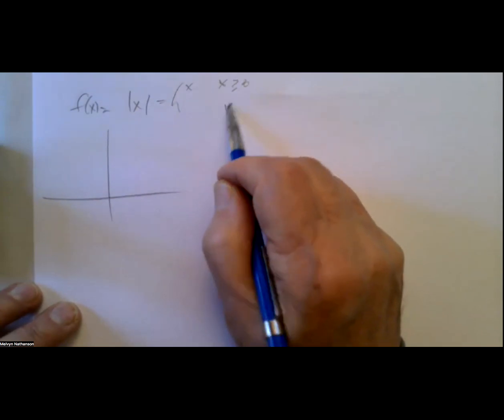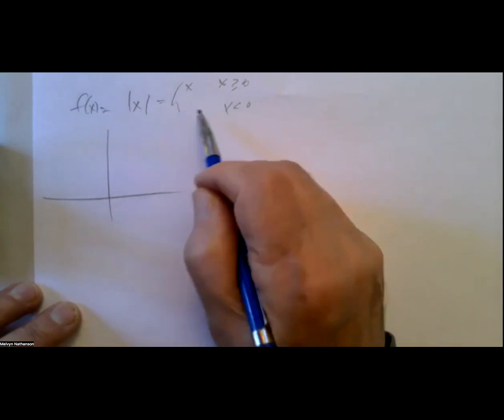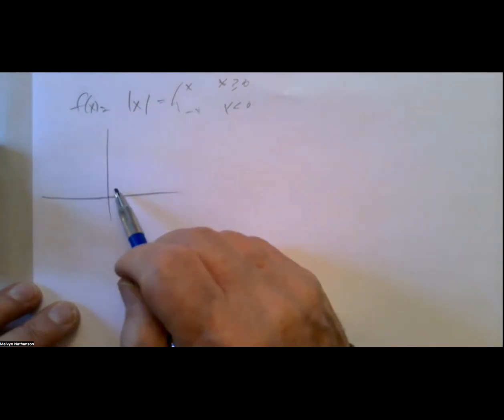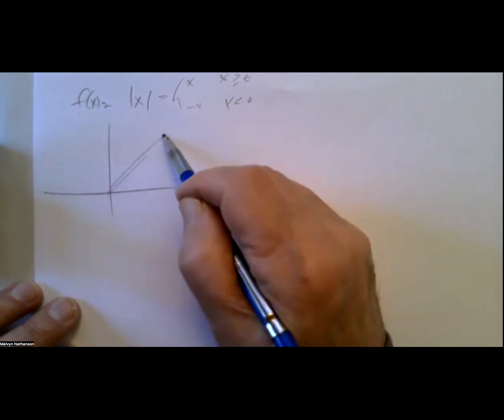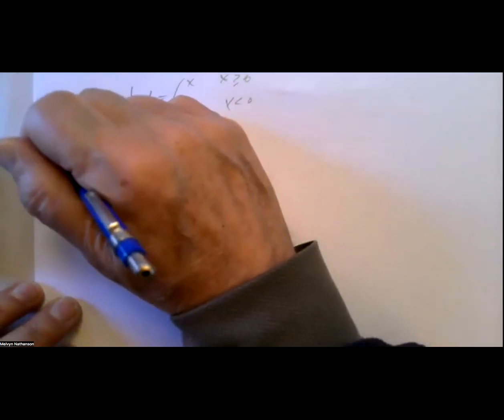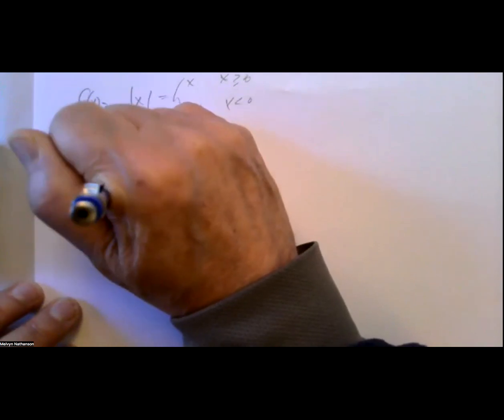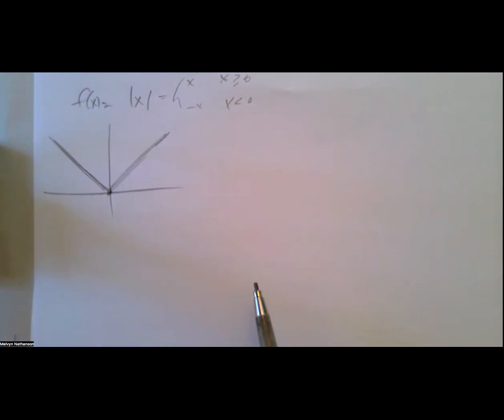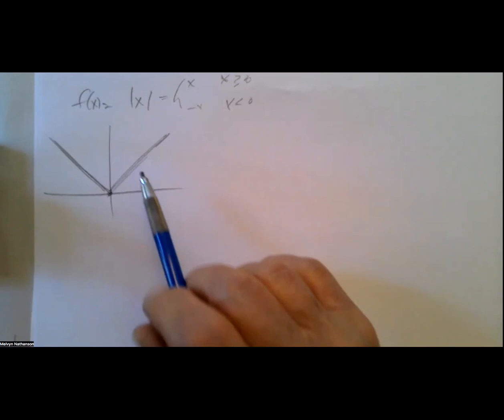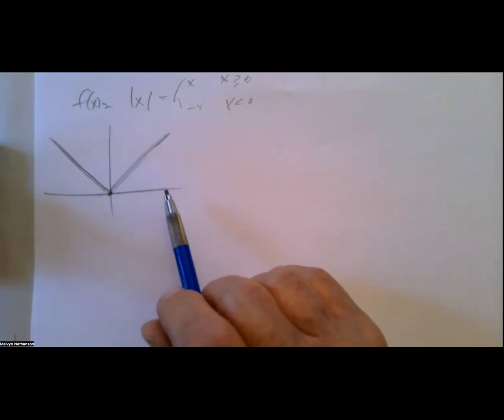But if x is negative, the absolute value of x is minus x. So for x positive, this function looks like the line y equals x. And for x negative, it looks like the line y equals minus x. So that's the graph of the function, absolute value of x.